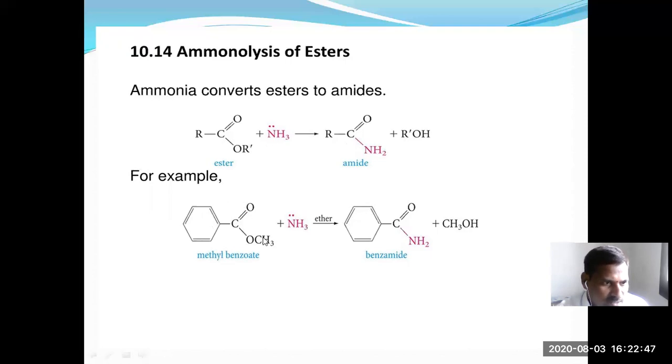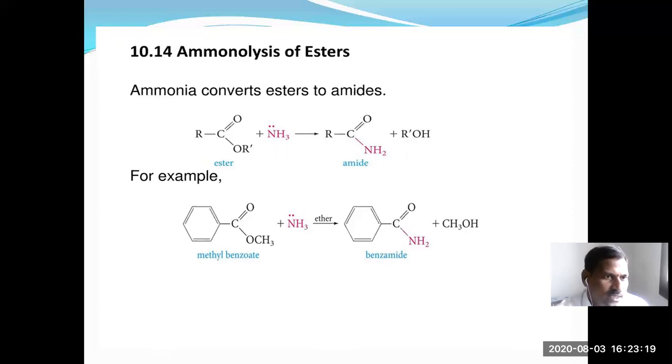The compound name is methyl benzoate. The OR group is OCH3, a methyl group. This is from benzoic acid, so that's why methyl benzoate. It reacts with ammonia to give benzamide and methyl alcohol. So from methyl acetate, acetamide is formed. From methyl benzoate, benzamide is formed.